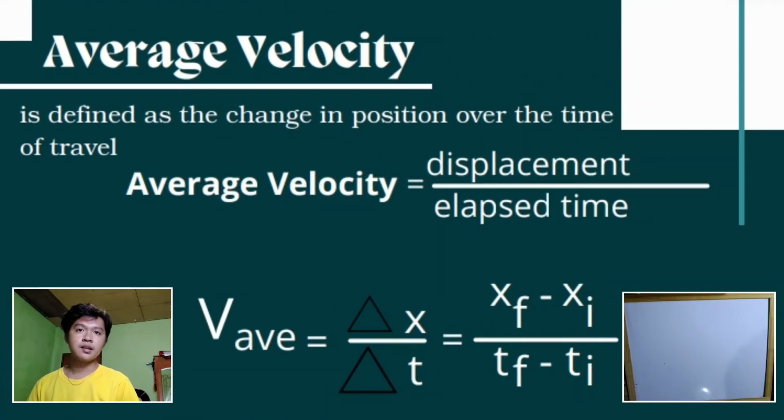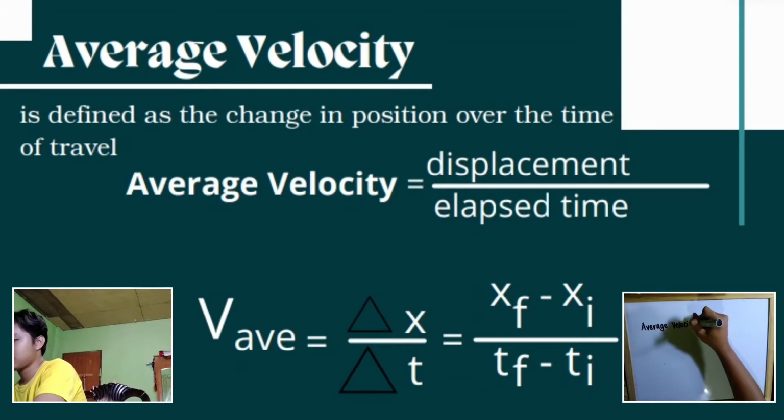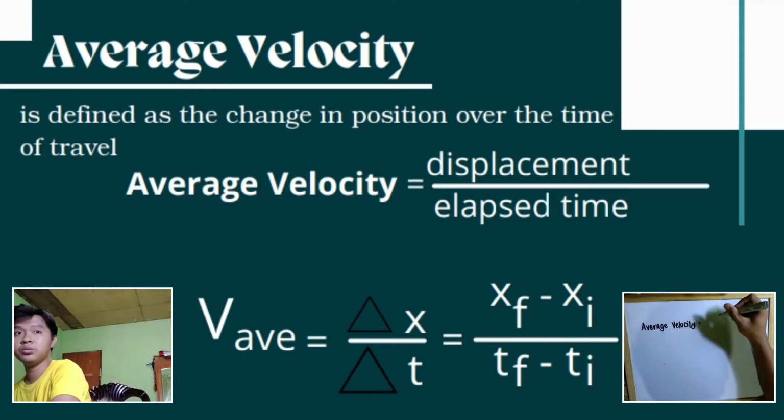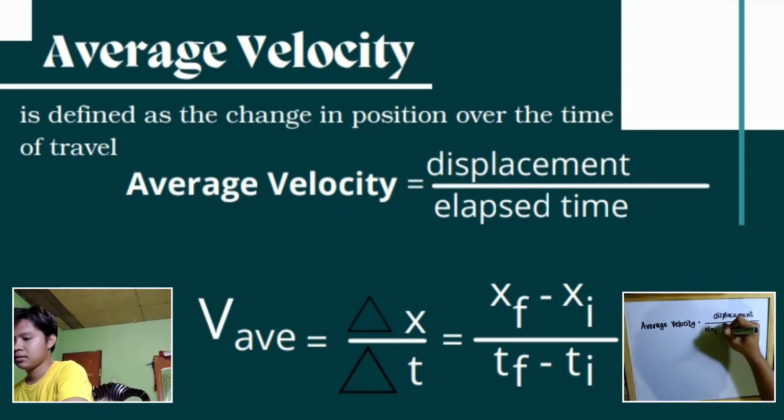Our next is average velocity. Average velocity is defined as the change in position over the time of travel. So, average velocity is equal to displacement over elapsed time.